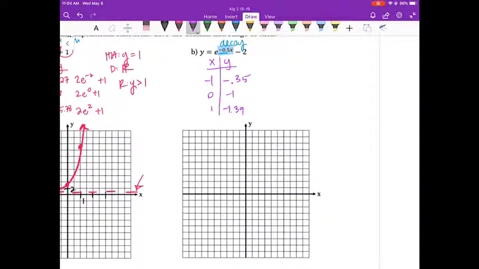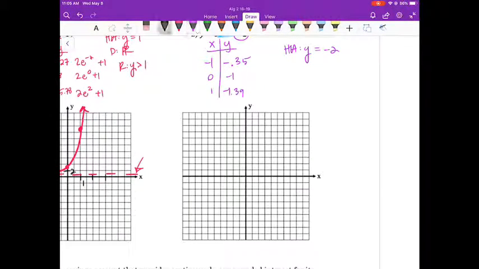Our function is going to have a horizontal asymptote at our k value, y equals k, so for us, y equals -2. We can space out all of our tick marks this time, so every other tick mark is going to stand for 1.